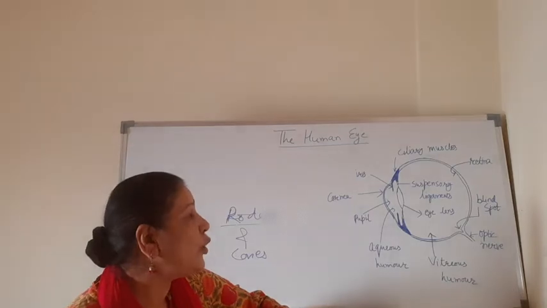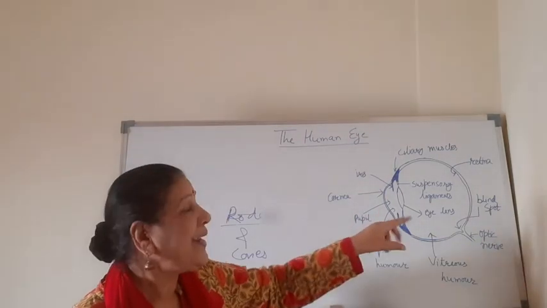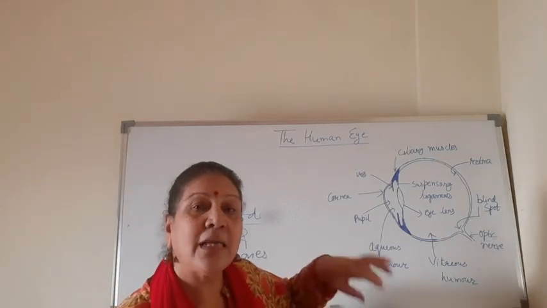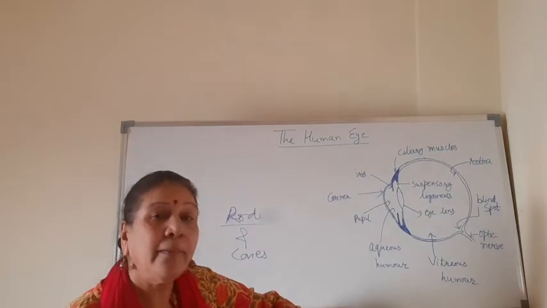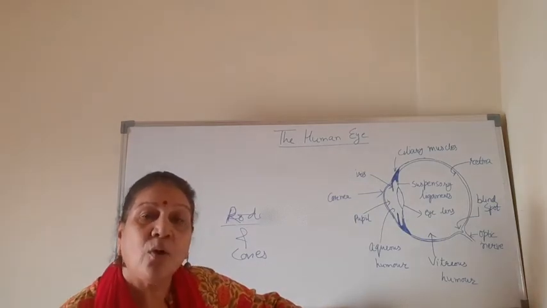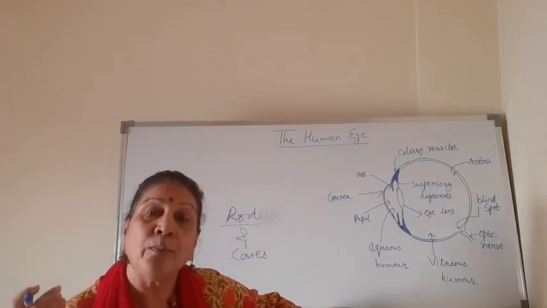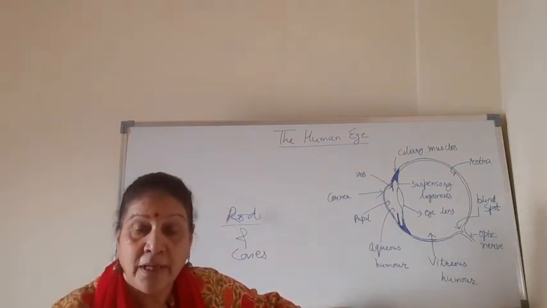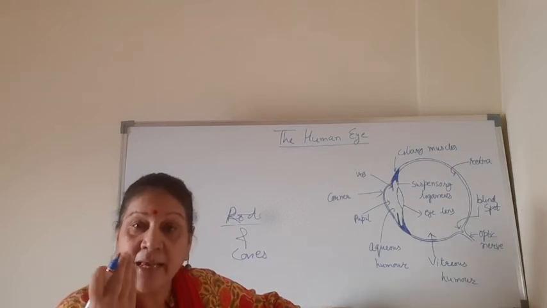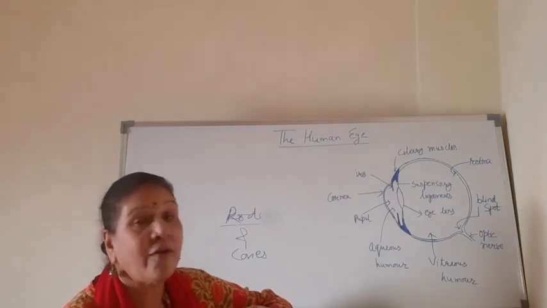As I told you, most of the refraction happens because of the cornea. Only the fine tuning or focusing is done by the lens, and the image is formed at the retina. The cornea is the first layer where the light strikes, which you have to remember.